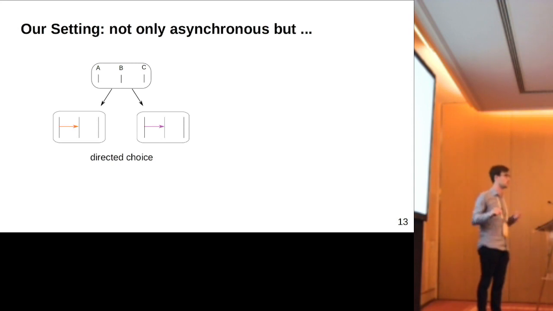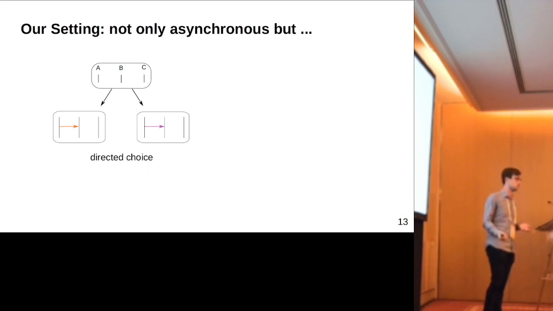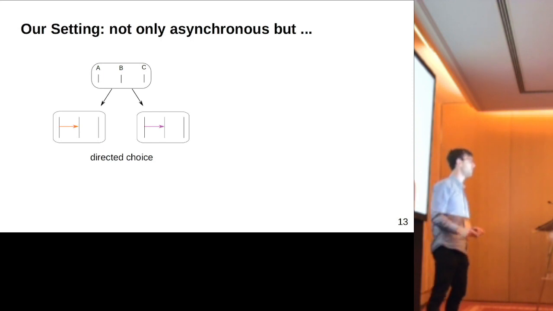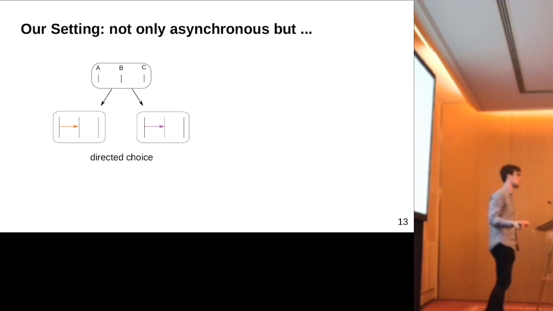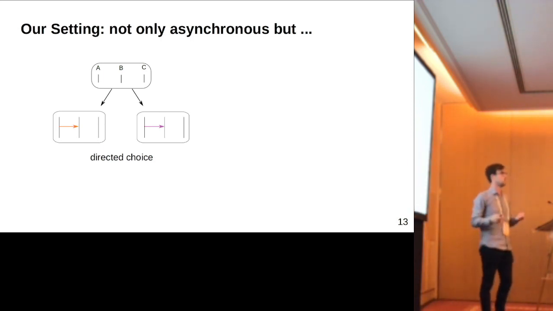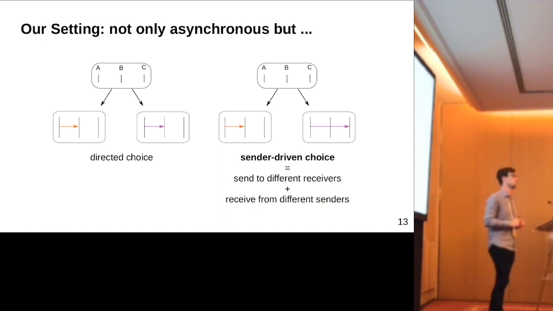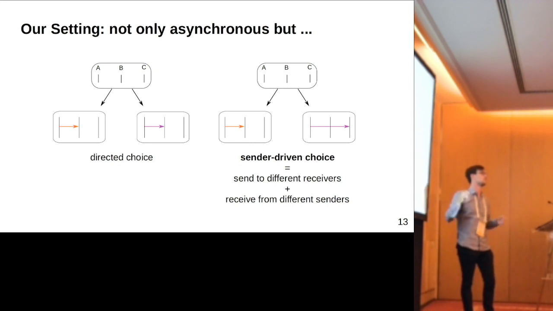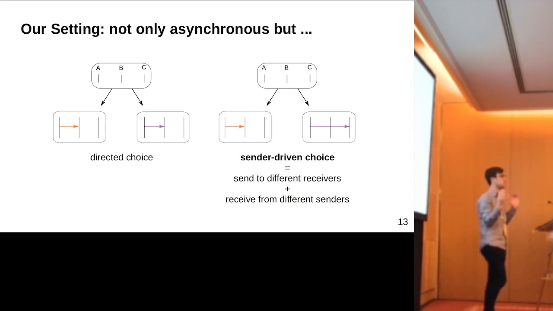Okay, we can handle this, but I want to give you some more details on our setting. So I talked about asynchrony, and most of you probably know about directed choice. This means if you branch, you have a dedicated sender-receiver pair, and only the messages need to be distinct. We consider what we call a sender-driven choice setting, where we only fix the sender, here A, and the pair of receiver and message need to be distinct across all branches.